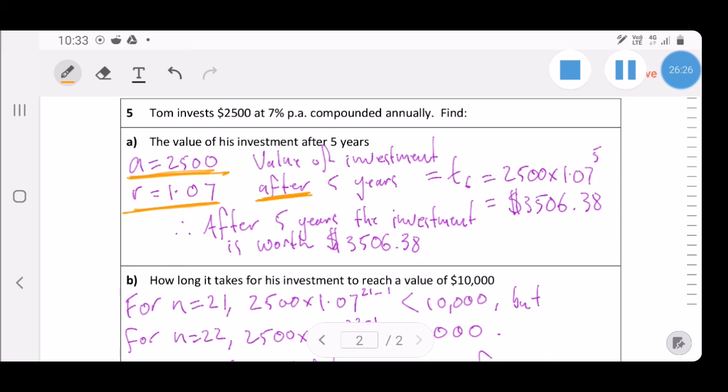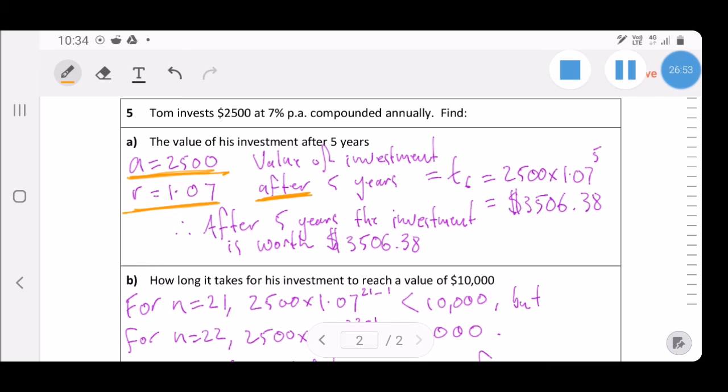That's how much he had between, now count on your fingers, the 0th year and the first year. So when the clock started and the end of that year. So between 0 and 1 years. So that's term 1. Term 2 is between 1 year and 2 years, the amount that he had. Term 3 is between 2 and 3 years. Term 4 is between 3 and 4 years.